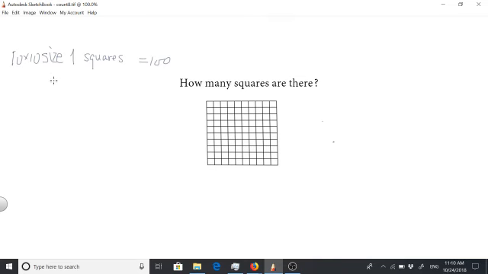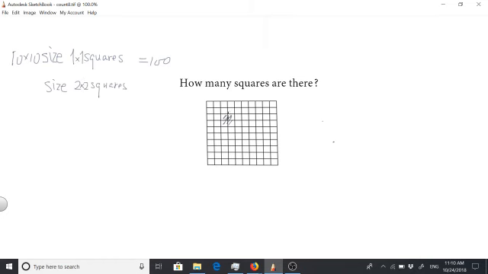Okay, next let's count how many size 2 squares. And this is not as straightforward. Let's look at a size 2 square here. These are 2 by 2 really. So instead of writing size 2, I would say 2 by 2 squares, and this is 1 by 1 squares, and then we'll have 3 by 3, 4 by 4.